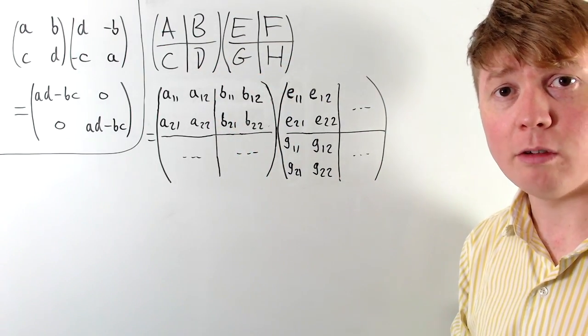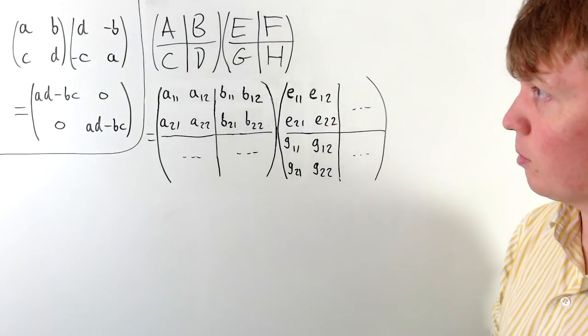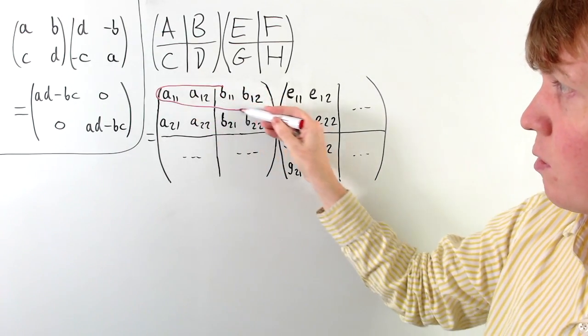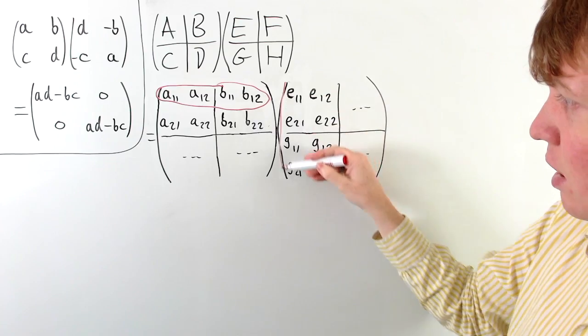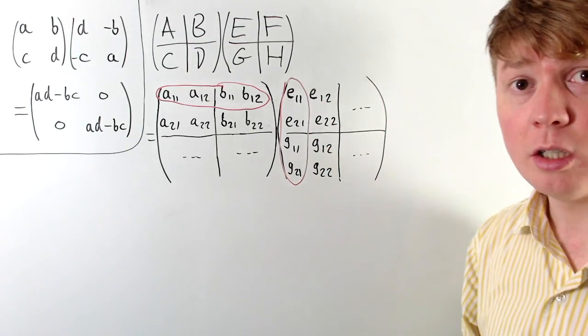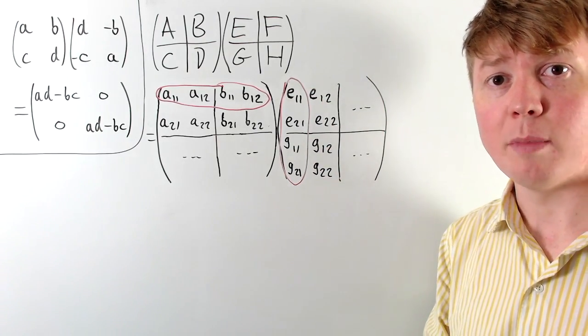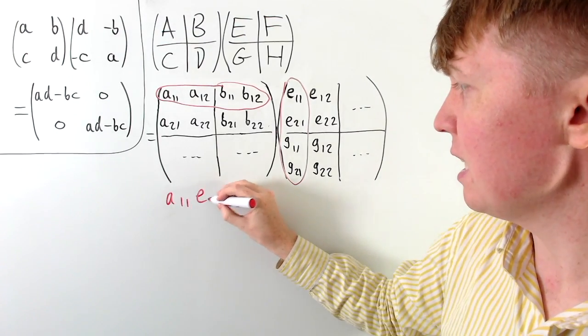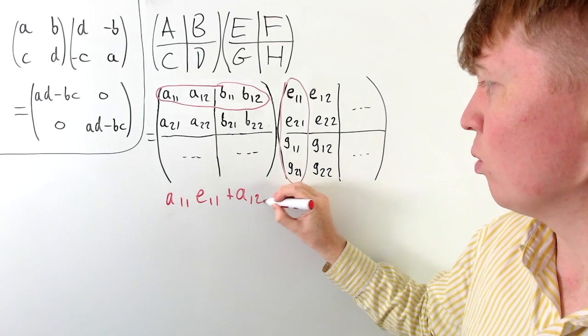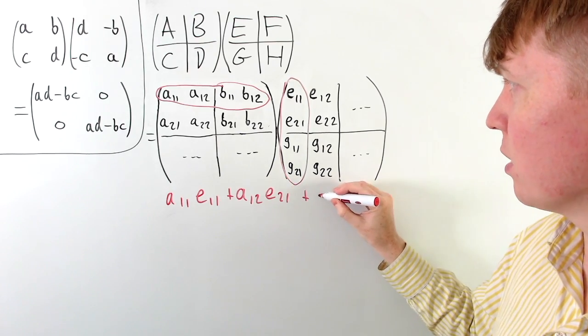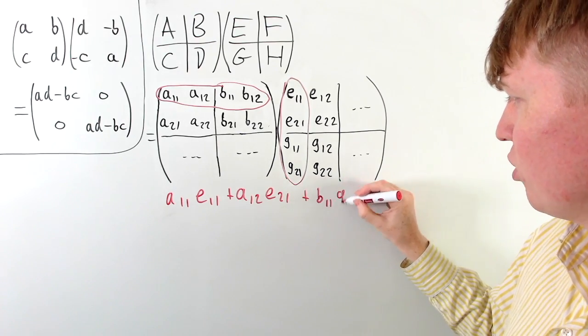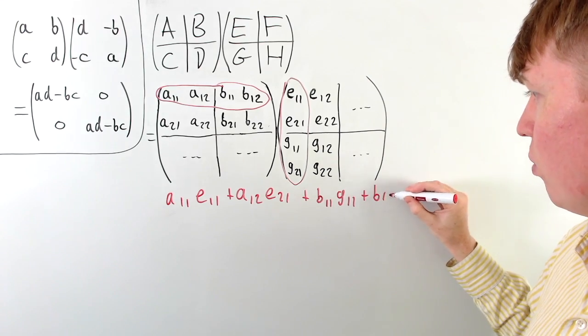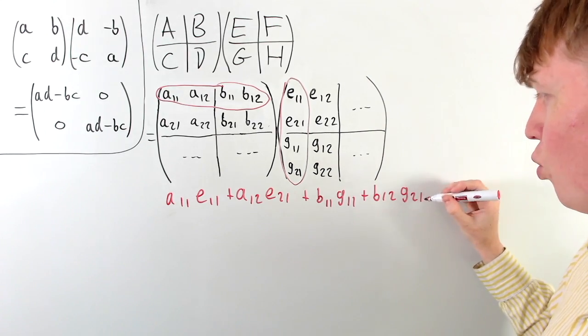If we want to carry out the multiplication here, we would start by multiplying everything in this first row by everything in this first column, and that would give us our top left entry in the new matrix evaluated from the product. So you would have A11 E11 plus A12 E21 plus B11 G11 plus B12 G21.